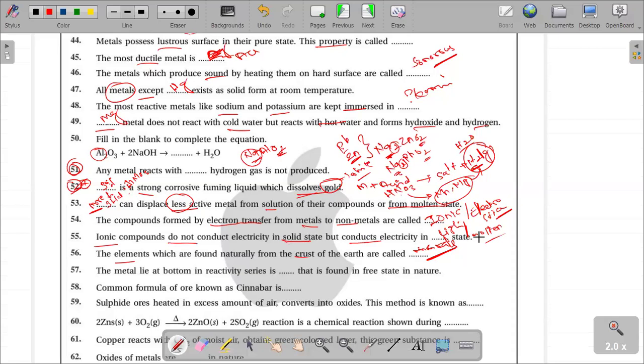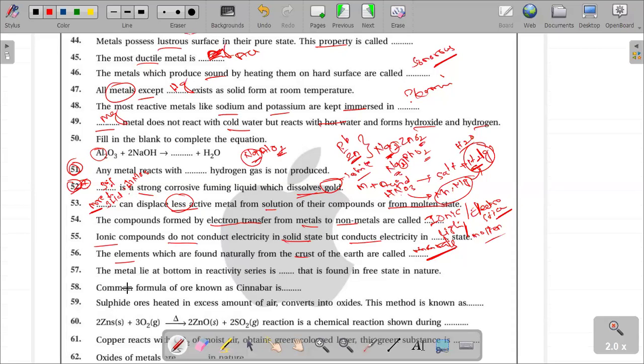In that particular sand, suppose you are finding gold. Gold is a profitable material, so we can say it is a profitable substance. Even iron, Fe2O3, if it is there, then iron ore will be present. So iron is a profitable material, then it is called ore. If it is non-profitable, then it is a mineral. If it is profitable, then it is an ore.